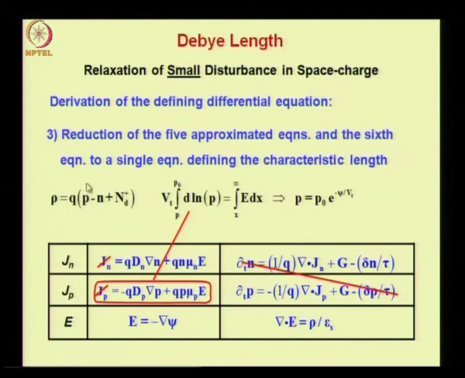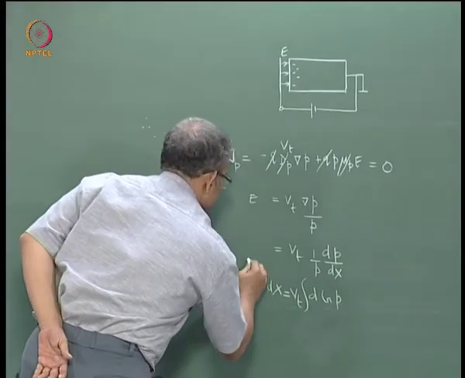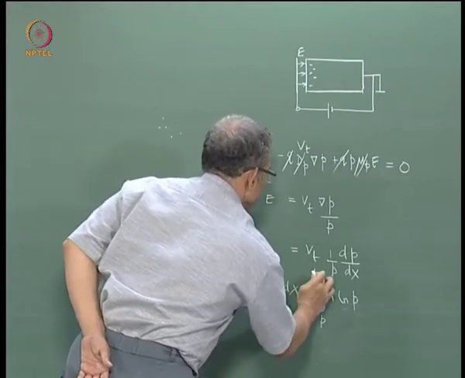So when you integrate, left hand side becomes Vt into ln of p0 by p, and right hand side becomes ψ. So you can see that we are integrating from x to infinity. This is p to p0.